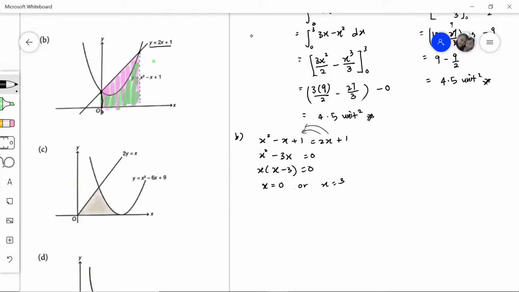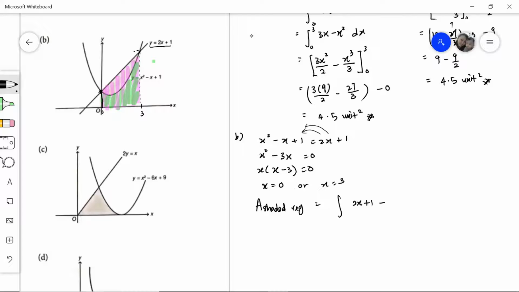I got 3 here. If I were to use the trapezium, I would have to know all these values, so it's not a wise choice. Then we use integration fully. So for the area of the shaded region, always remember, take the upper curve. The upper graph is 2x plus 1, minus the second graph, which is x squared minus x plus 1.